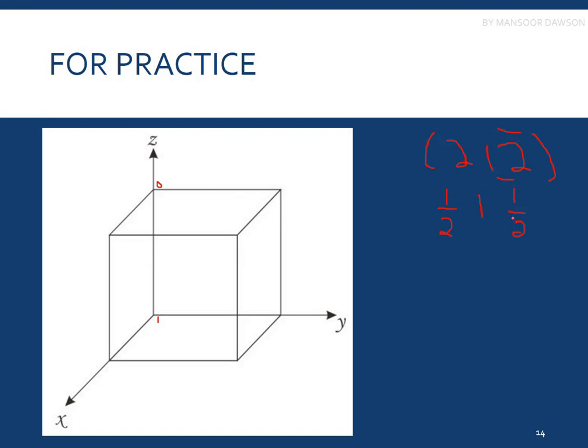So we have to move 1 by 2 in the z direction, 1 by 2 in the x direction, and 1 in the y direction. Basically this would be our plane. I hope this was enough practice for Miller indices for crystallographic planes.